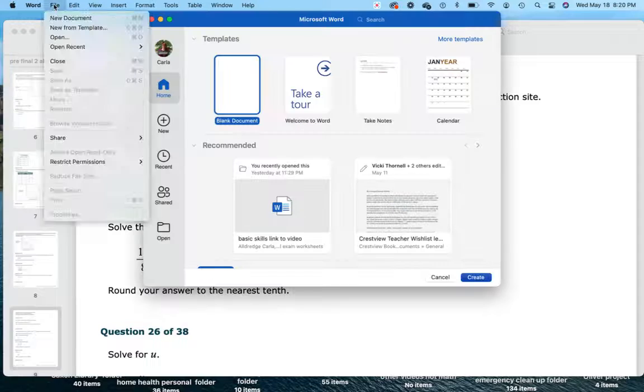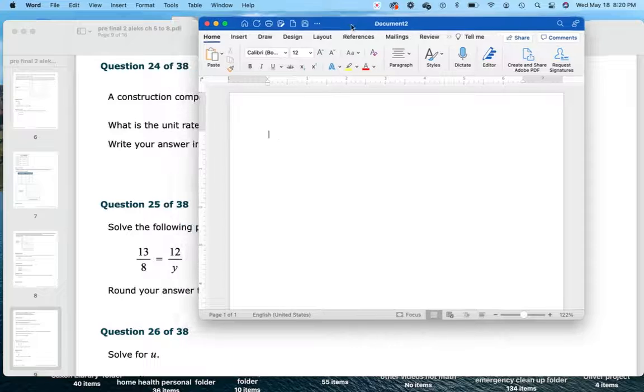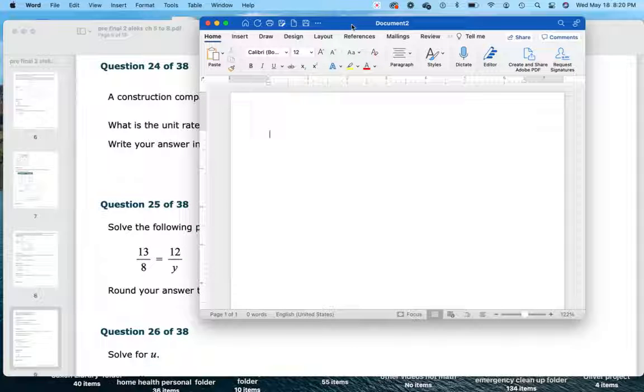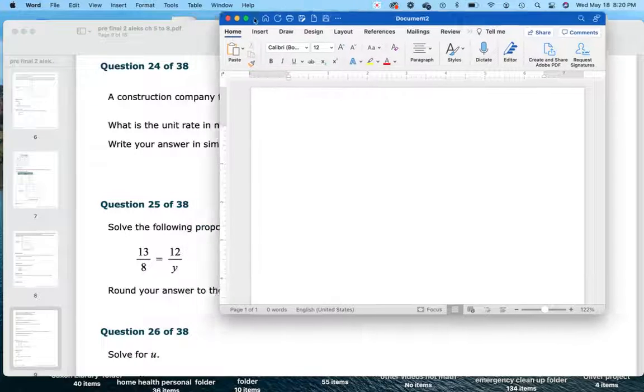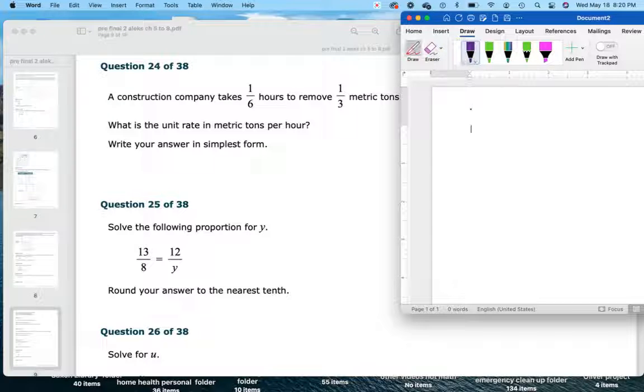Okay, so what we want to do is get another little document here. All right, so it takes 1/6 an hour to remove 1/3 metric ton.